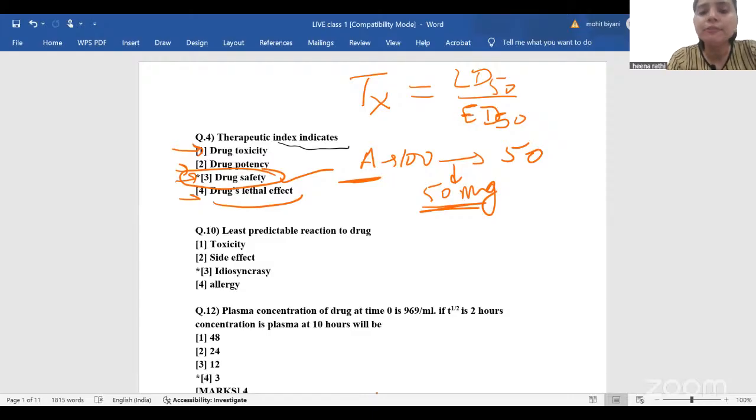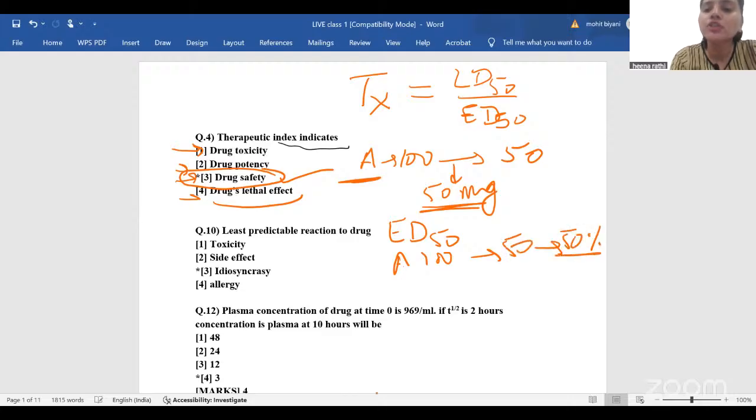And ED50 is the effective dose. Effective dose means that when the same drug A is given to 100 individuals at a certain dose, 50% of the population are feeling all right or feeling the effect after taking that drug.